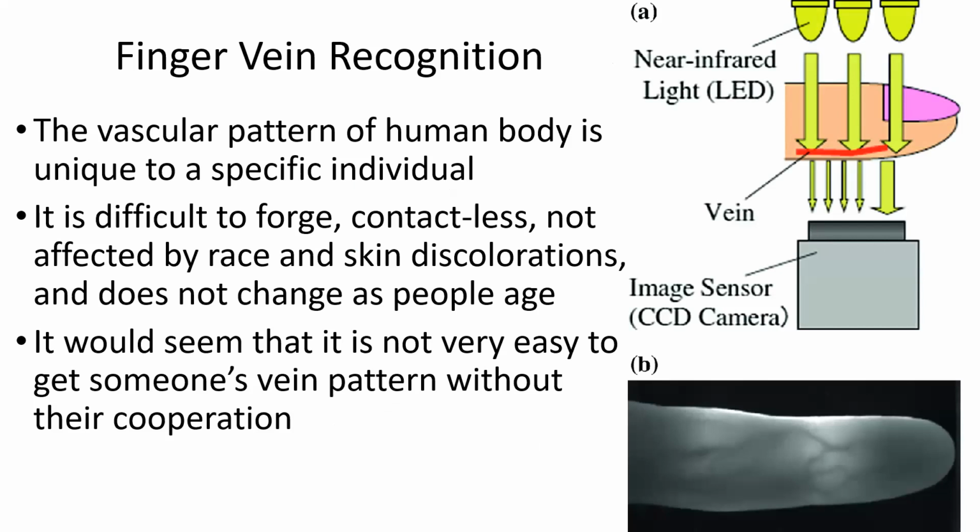They tell me that the vein pattern in your finger and through much of your body is unique, and so if they can look at it, they can see the difference. And this works a little better than some systems. Again, it's not affected by race, skin discolorations, or age. And so that's an alternative to fingerprints, although you have to put your finger in so the light shines through your finger.